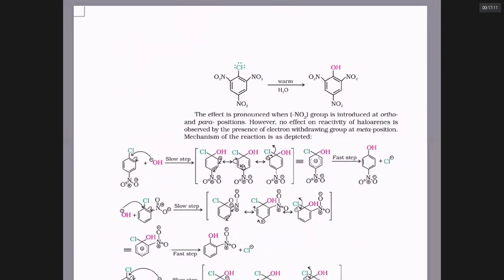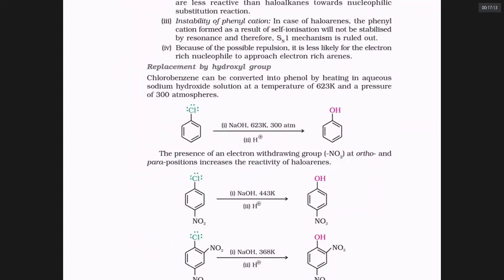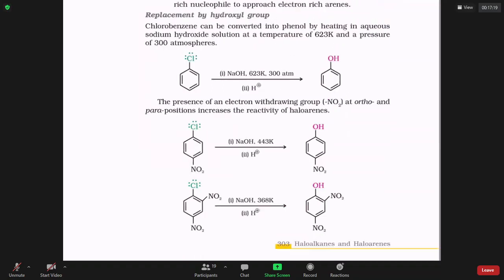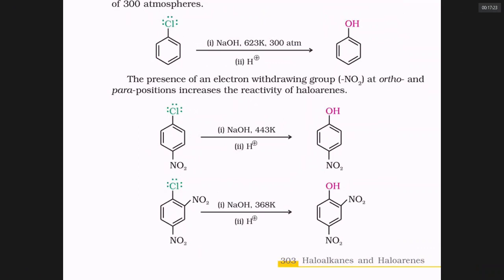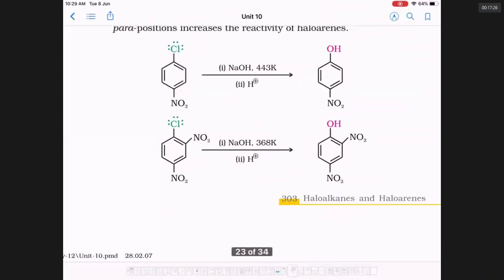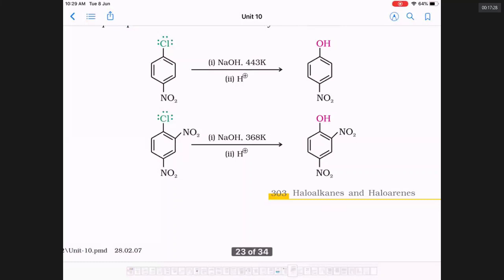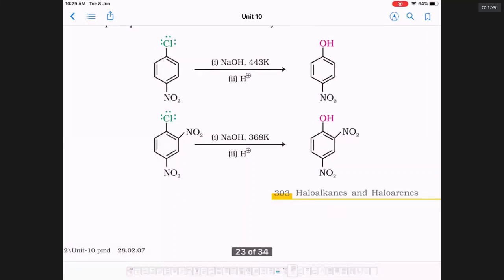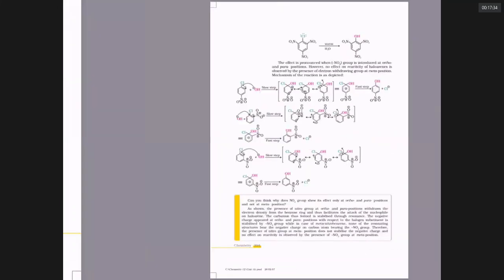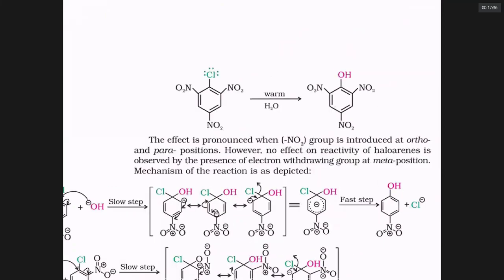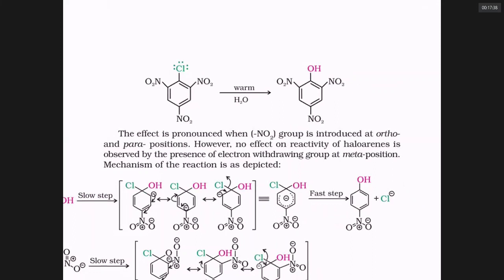Kindly observe that chlorobenzene requires a drastic temperature pressure condition to become phenol, whereas 4-nitrochlorobenzene requires just 443 K. Whereas 2,4-dinitrochlorobenzene requires just 368 K. And very interestingly, if I put 3 nitro groups, it just requires water and warming. Nothing, even NaOH is not needed.